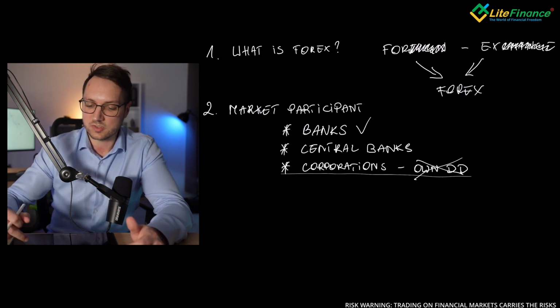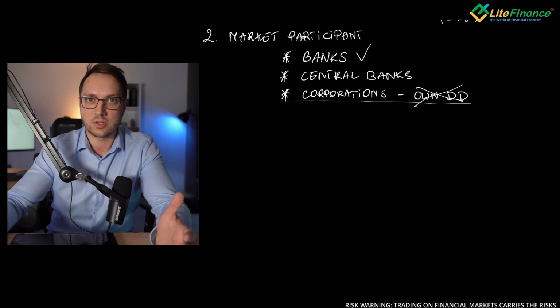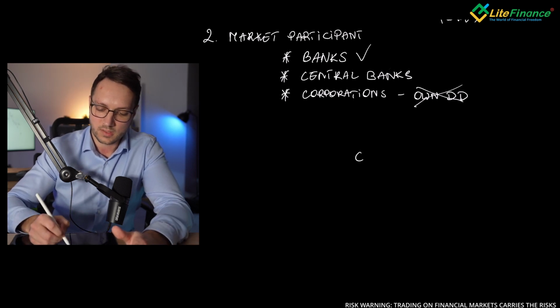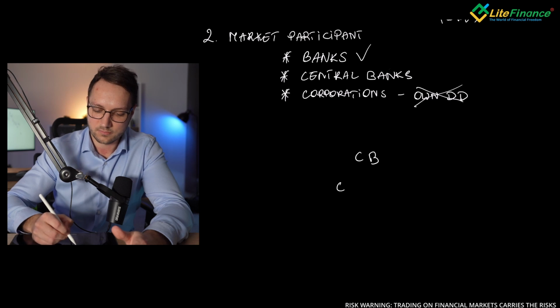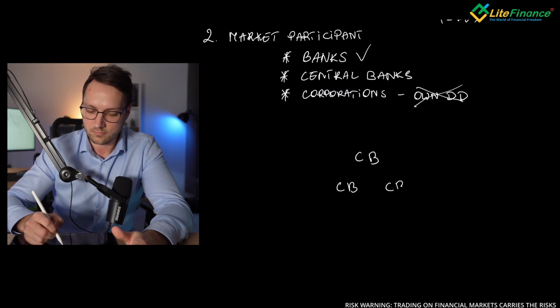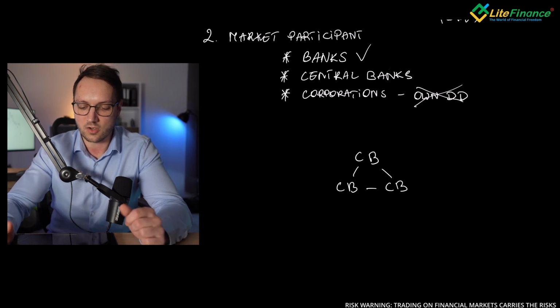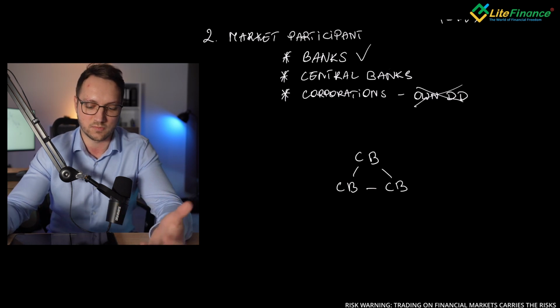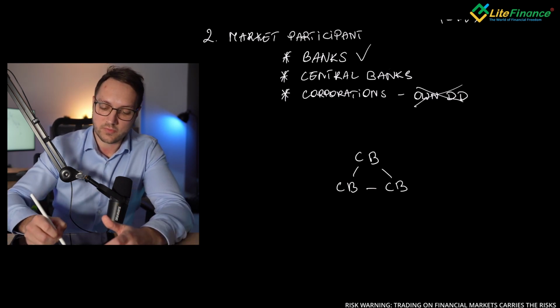So now let's draw some scheme in order to better visualize how this system works. Firstly, we have central banks, and their function is that they also exchange currencies between each other, creating the currency reserves. And next we have commercial banks.